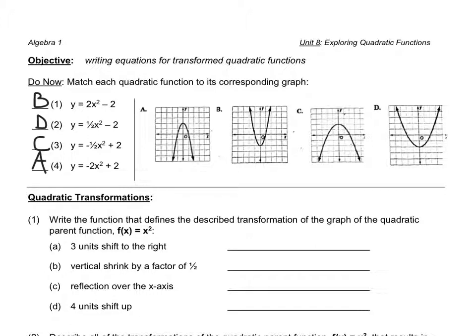Negative leading coefficient, opening downward. A number bigger than 1, if I'm looking at absolute value of the -2, it's 2, which is bigger than 1, it's telling me that my parabola should be skinnier. So that's your indicator.